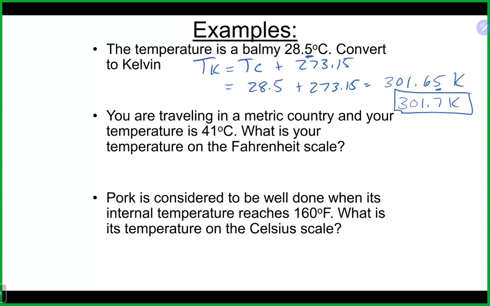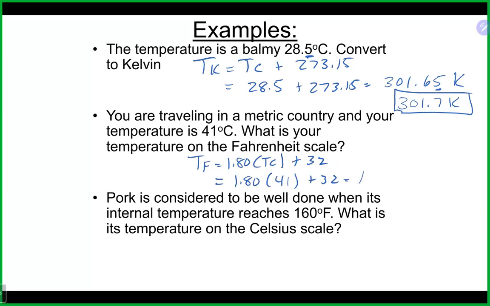Taking a look at the next one, we have Celsius, and we're looking for Fahrenheit. So our temperature in Fahrenheit is going to be 1.8 times our temperature in Celsius plus 32. So we're going to go 1.8 times 41 plus 32.